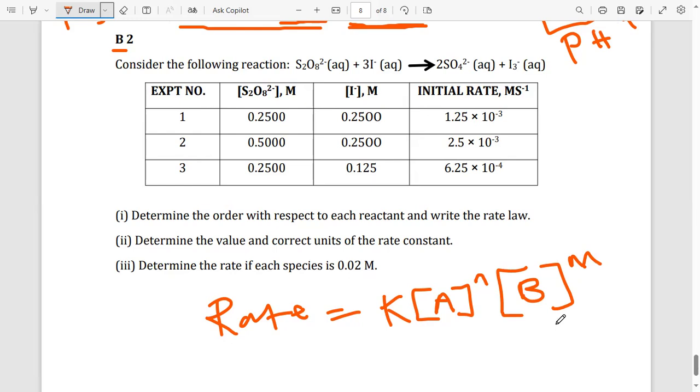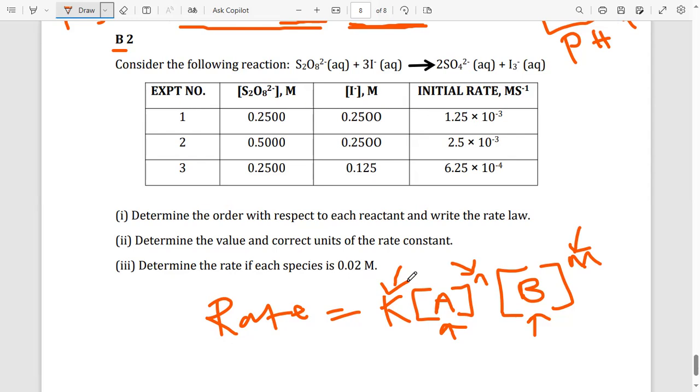For us to write the rate law, we have to find these powers. Those powers are called the order of that reactant. So if this first reactant is order 2, where there's n, we put 2. If it's first order, we'll put 1. And then the K is the rate constant.